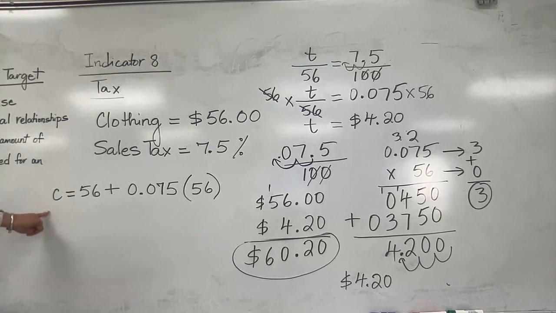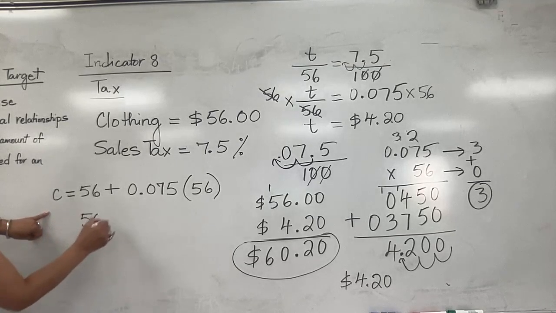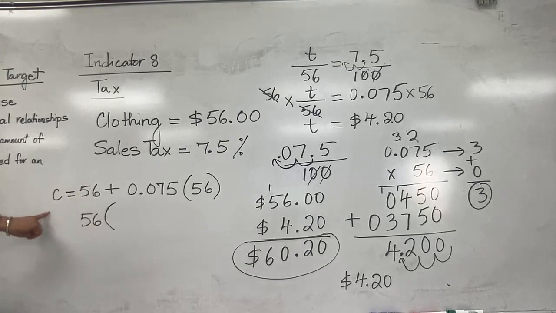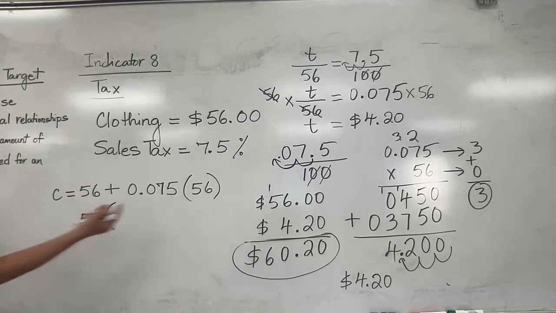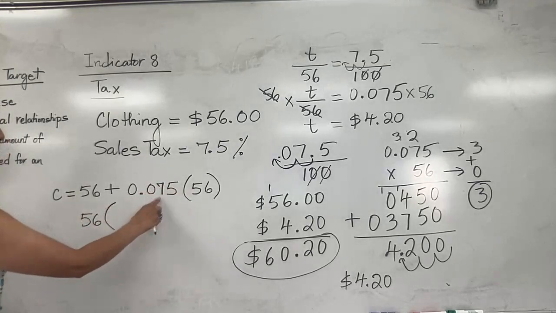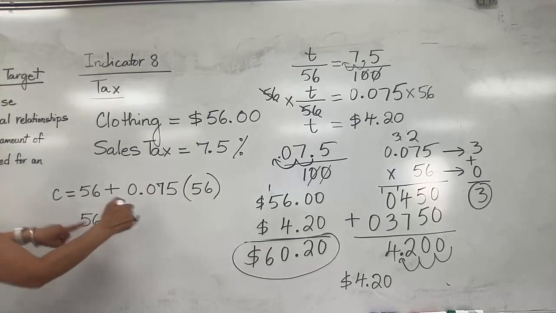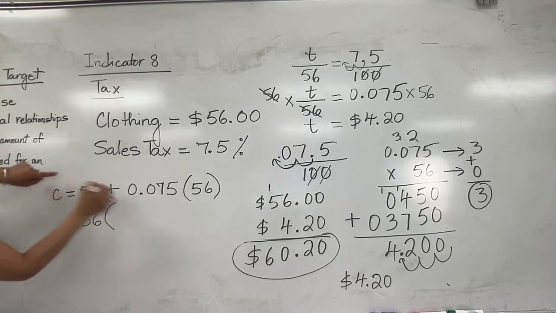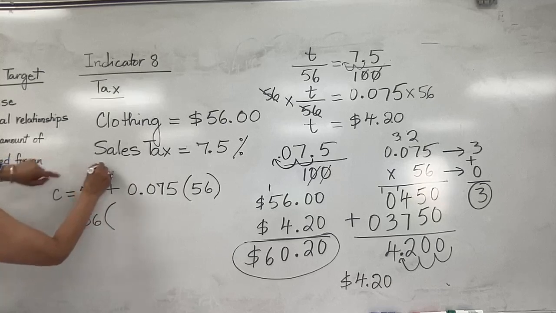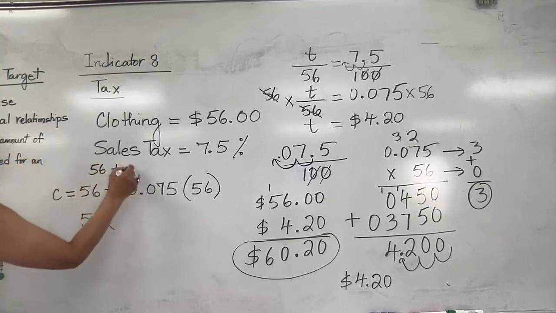I am going to take 56 over here, and I am going to do this. All right. So if I flip this around, this is 56 times this, right?